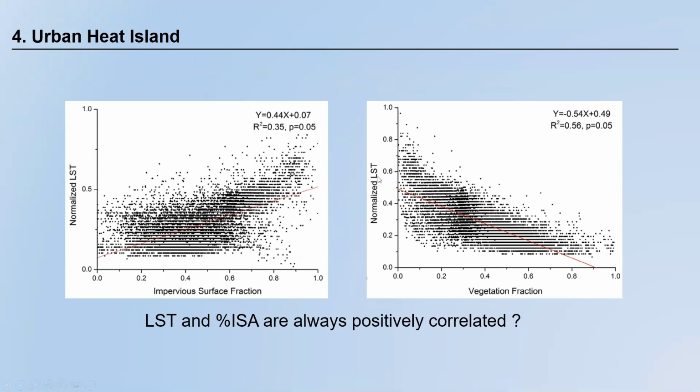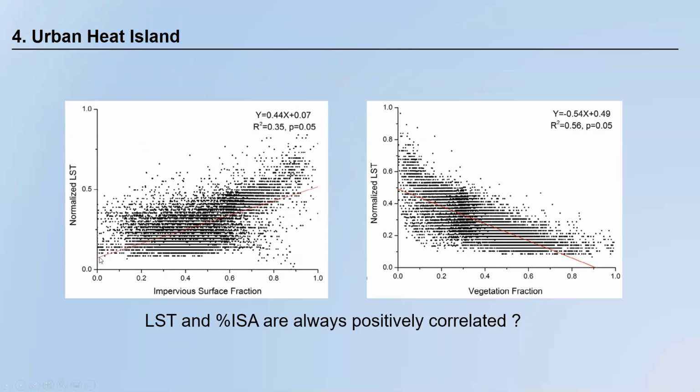So we have two scatter plots. On the left side, we have impervious surface fraction or percentage ISA versus normalized LST. You can consider this as a normalized indicator of urban heat island because it's normalized land surface temperature, right?